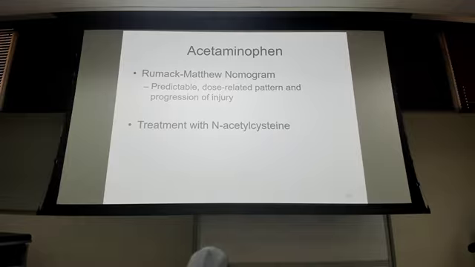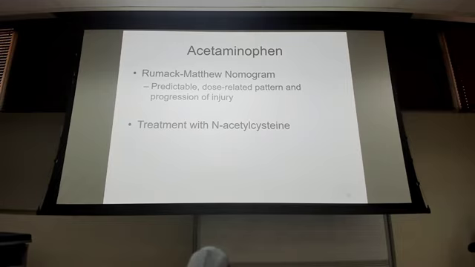There's a nomogram which basically shows us all of the things when we said predictability. There's a chart specifically, a nomogram called the Rumack-Matthew nomogram, which basically looks at the dosage and the predictability of the progression of injury based on dose-related patterns.